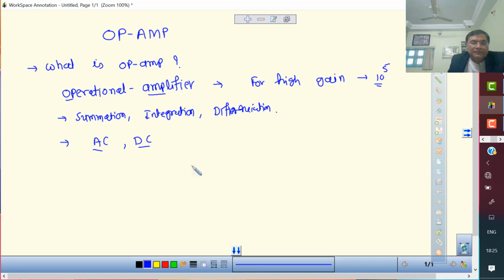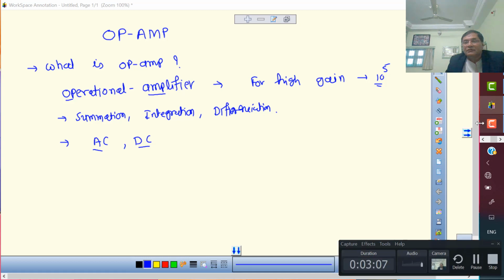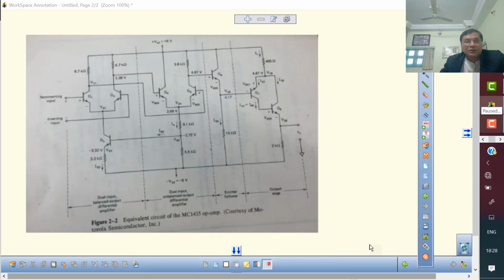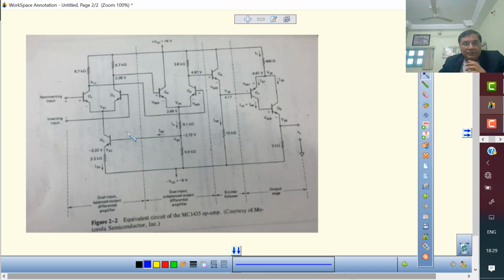If you see the construction of op-amp, there are so many transistors. I have taken this figure from Operational Amplifier by Ramakant Gaikwad. It is actually made of 4 different blocks that we'll discuss. So first block is a dual input balanced output differential amplifier.